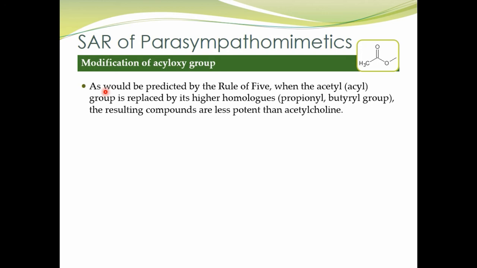Now the last part is modification of the acyl group, that is the CH3COO group. As would be predicted by the rule of 5, when the acetyl group is replaced by its higher homologues, that is propionyl, butyryl, etc., the resulting compounds are less potent than acetylcholine.